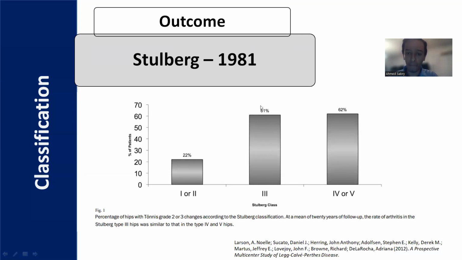In group 3, 61% had radiological osteoarthritis, and groups 4 and 5 had 62%. It means that groups 3, 4 and 5 are almost equal. It also means a patient may have a good outcome, Stulberg 1 or 2, and we reassure the patient, then find that he suffered from osteoarthritis. So we're not 100% sure of the prognosis or the outcome even if the x-rays are good.